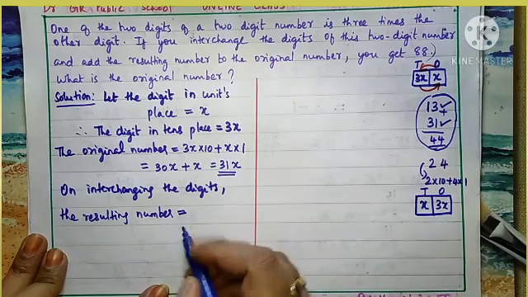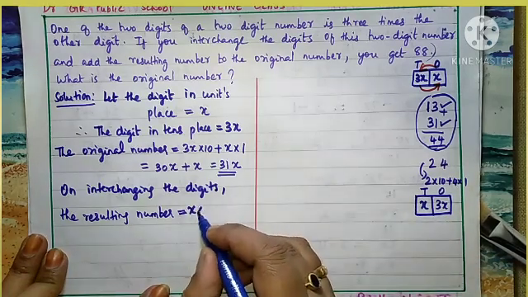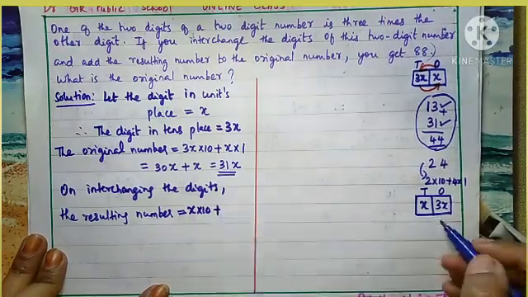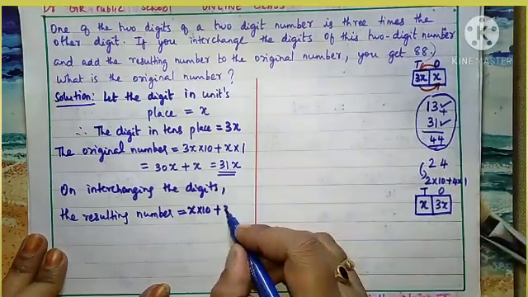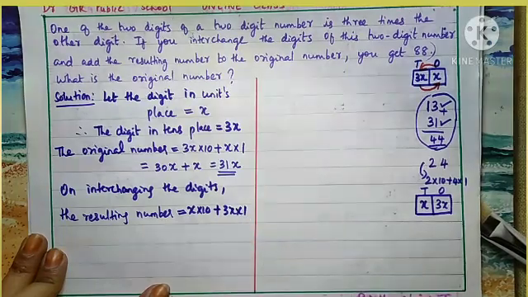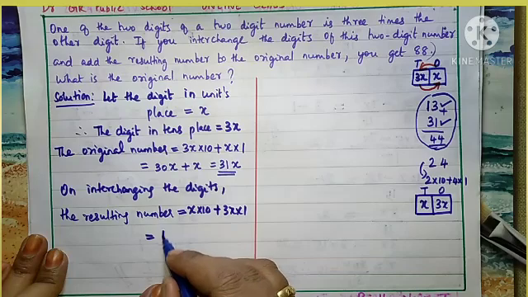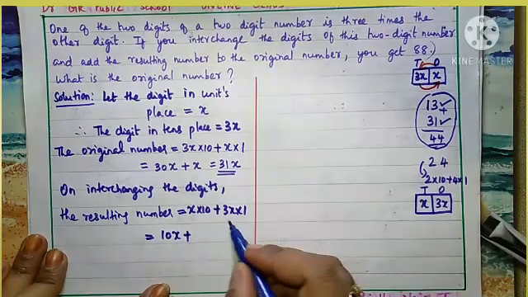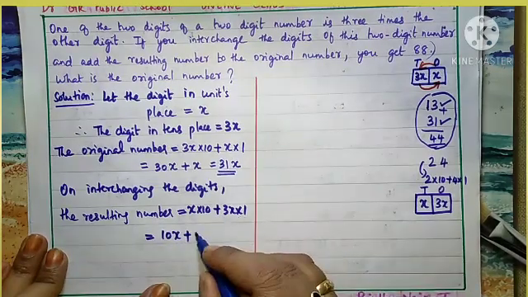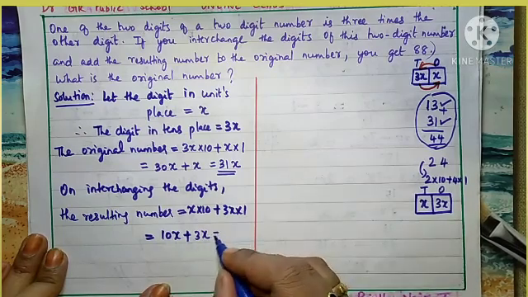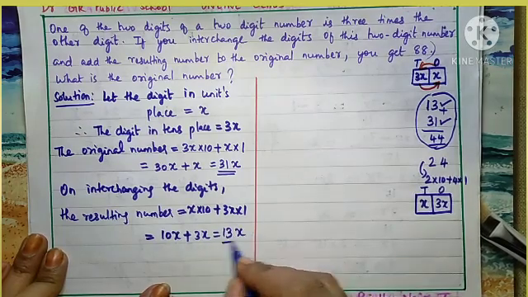So how can we expand? x into 10, since x came to the tens place, plus 3x into 1. What is x into 10? Yes, 10x, plus 3x into 1 is 3x. Now add: 10x plus 3x is 13x.